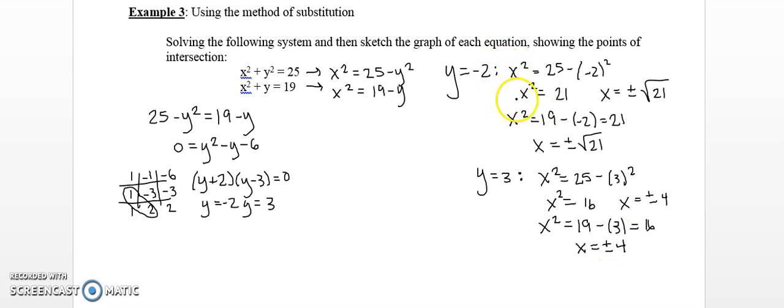All right, so our two, actually in this case 4, points, because we have a positive and negative. The first one is positive square root of 21, comma negative 2. That's one of our points of intersection. The next one is negative square root of 21 and negative 2.